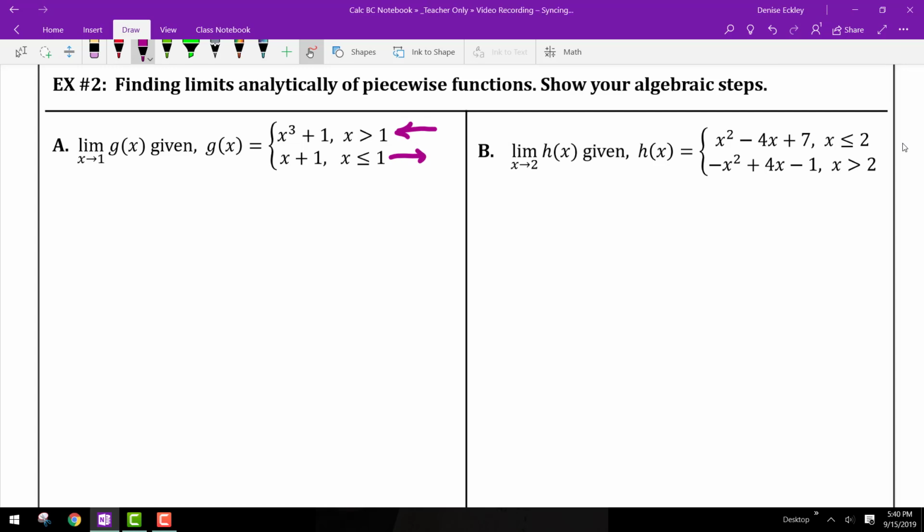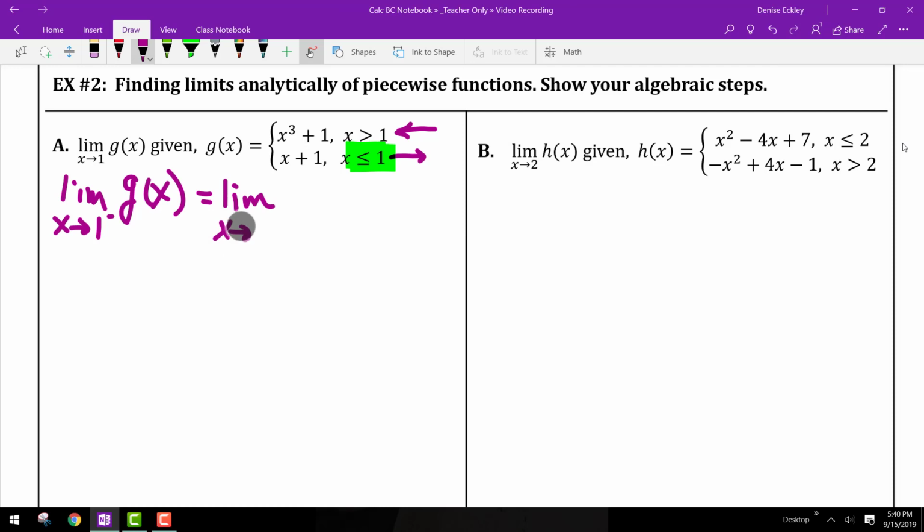We would write it this way: the limit as x approaches 1 from the left of g of x, and we're going to use the bottom piece because that is less than or equal to 1. That is the limit as x approaches 1 from the left of x plus 1. Since that's a polynomial, we can directly substitute and get 1 plus 1, which is equal to 2. So that's the left-hand limit.